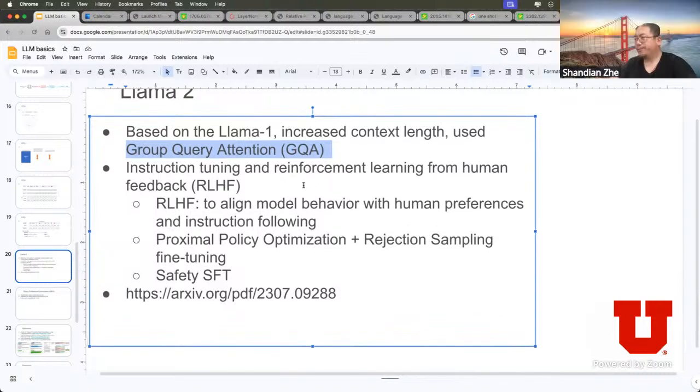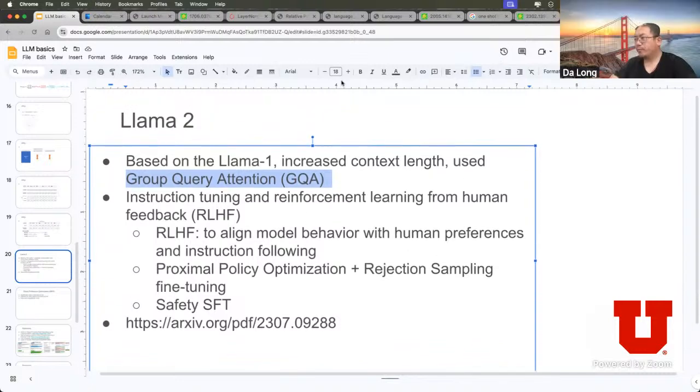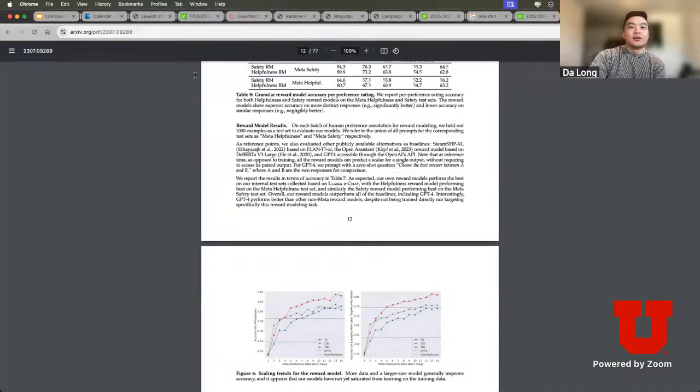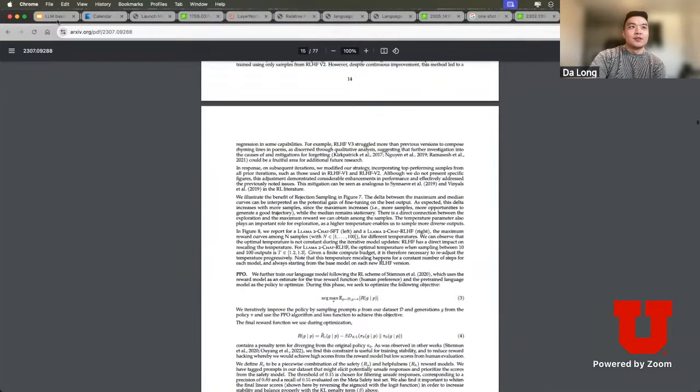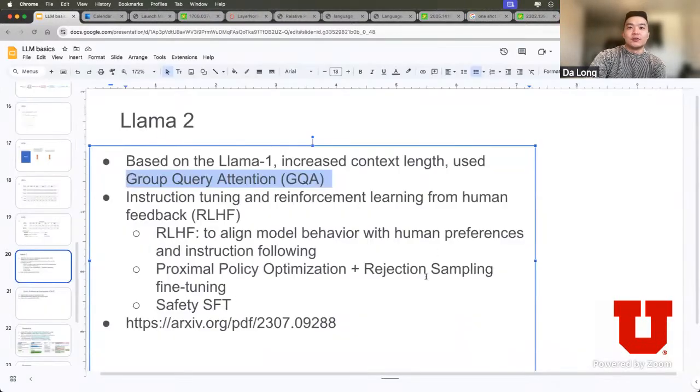Okay. And in the Llama 2 paper, they use reinforcement learning to make the model align with human preference and instruction following. It's just like what we discussed. First they train the reward model with human label data, and then use reinforcement learning to train the model.